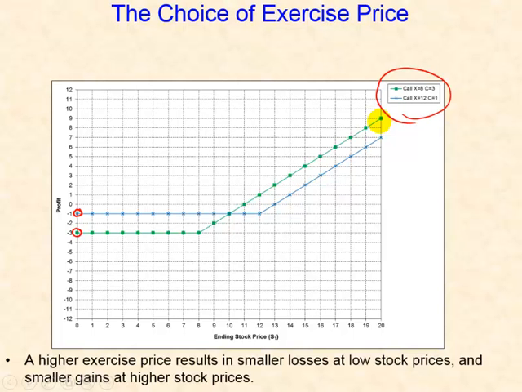And the exercise price of 12 option goes in the money when the stock price is 12 and plots along the blue line here. So what do we see? At low stock prices, the option with the lower exercise price can lose more money. So here we see lower X leads to a larger loss.